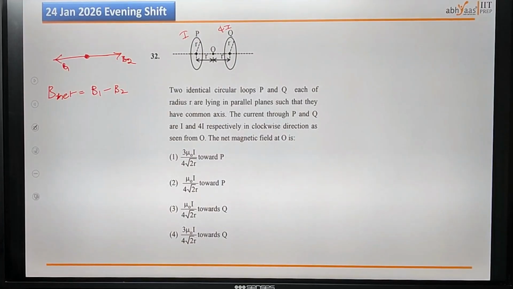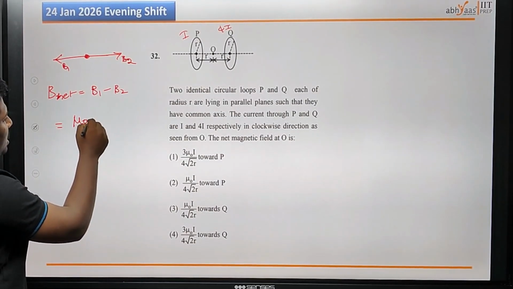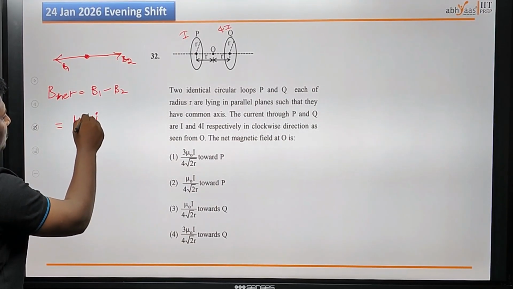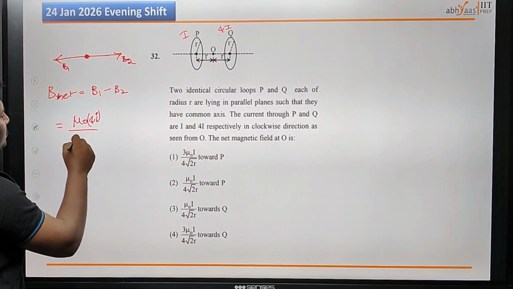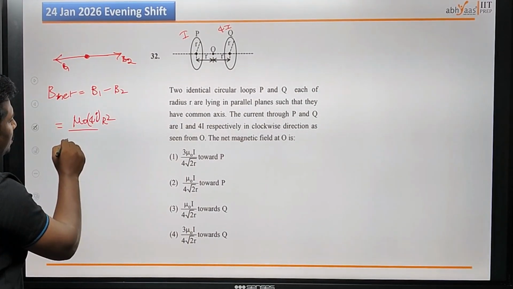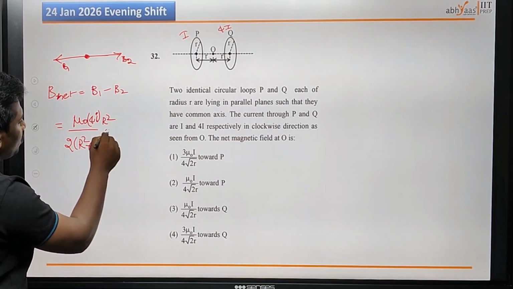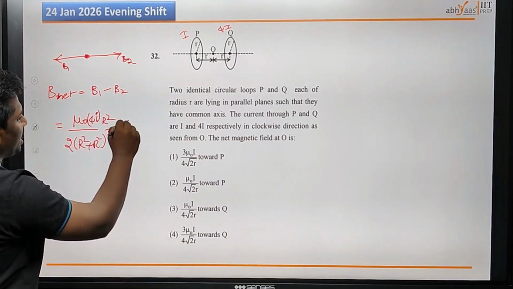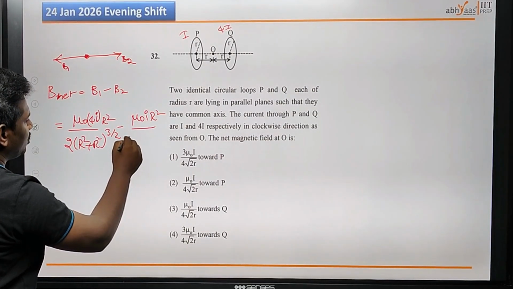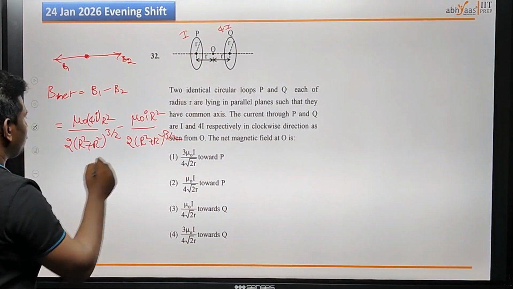From this, mu naught times 4I R square by 2 into R square plus R square whole to the power 3 by 2, minus mu naught I R square by 2 into R square plus R square whole to the power 3 by 2.